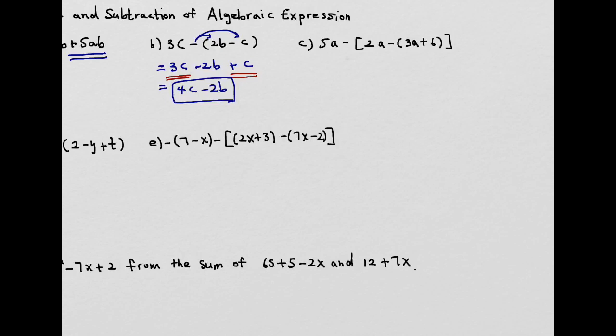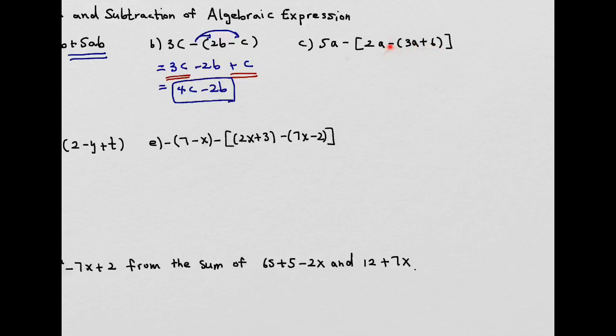And when you're looking at the next problem, we have two groupings, one with the parenthesis right here. So we will start from the inside out, and then look at the bracket. Looking at the parenthesis, 3a plus 6, they're not like terms, so we cannot combine.